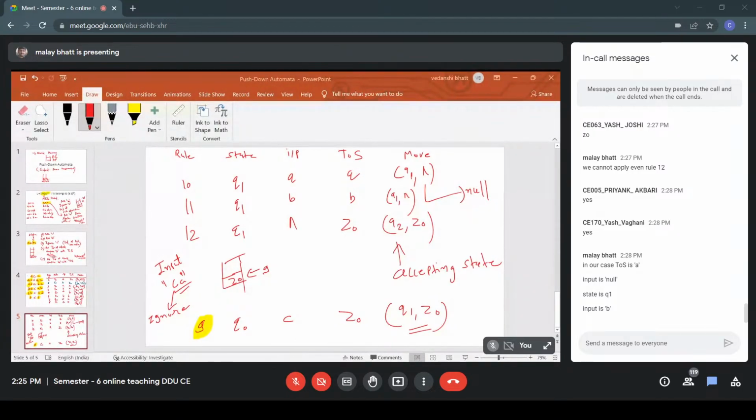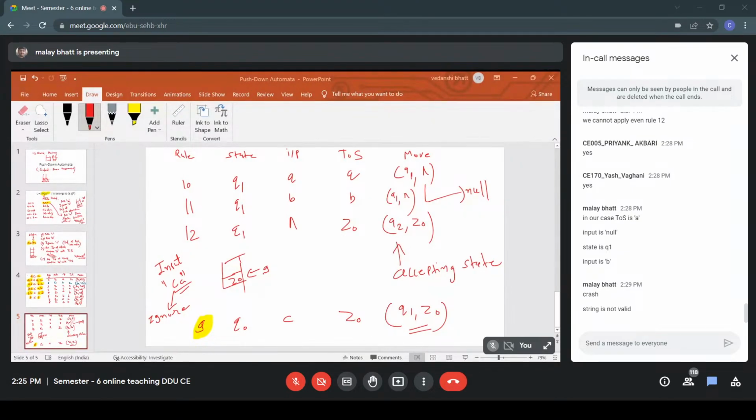State is Q1, input is null, top of the stack is A: also not there. So it will crash and the string is not valid. Is this clear? Any query in this?